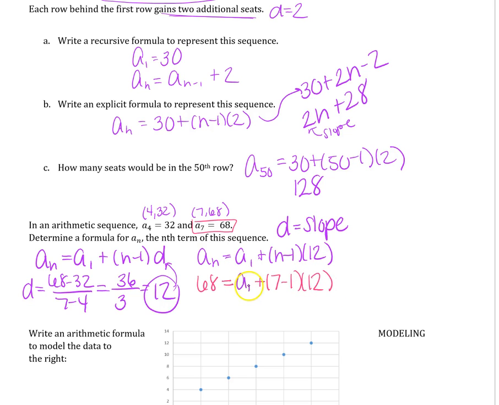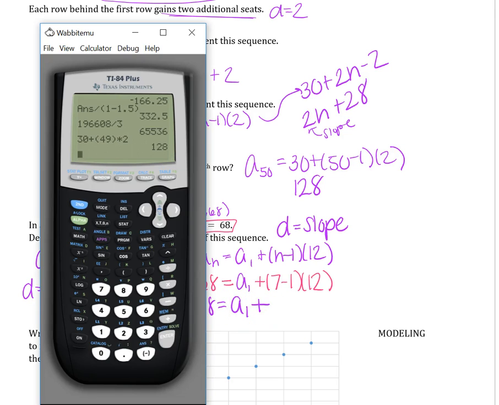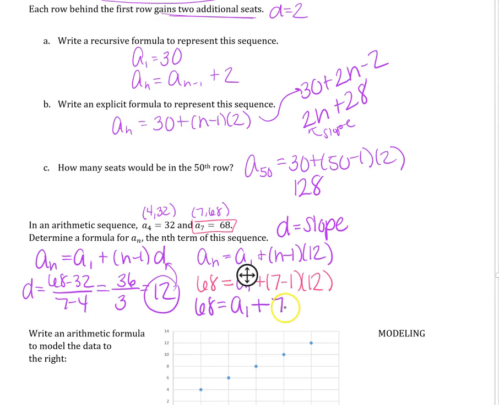I can plug in enough information then to solve for a sub 1. Just by cleaning this up a little bit, I have 68 is equal to a sub 1 plus 6 times 12, so 72. And then if I subtract 72 from both sides, a sub 1 equals -4.